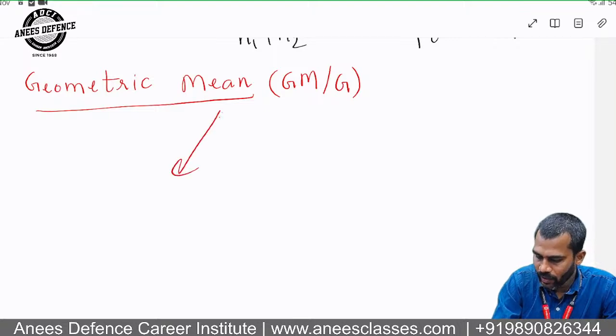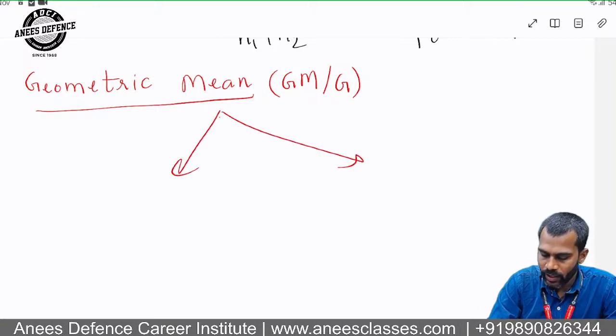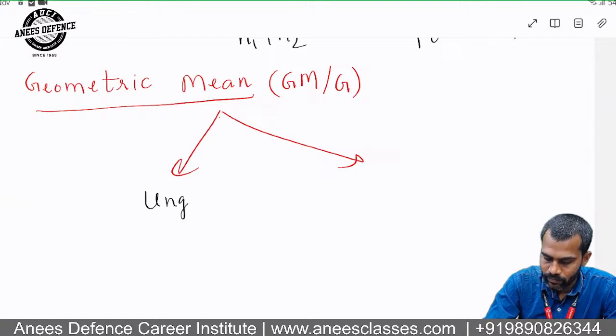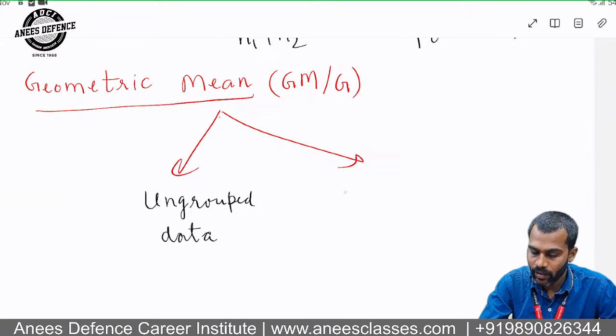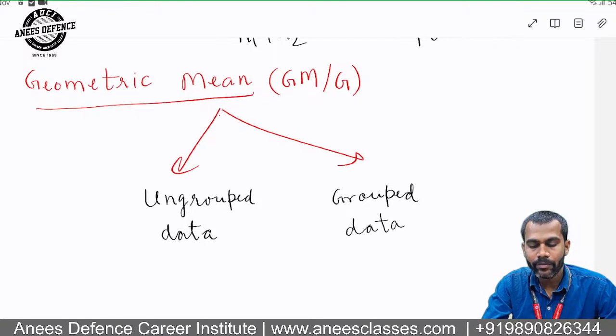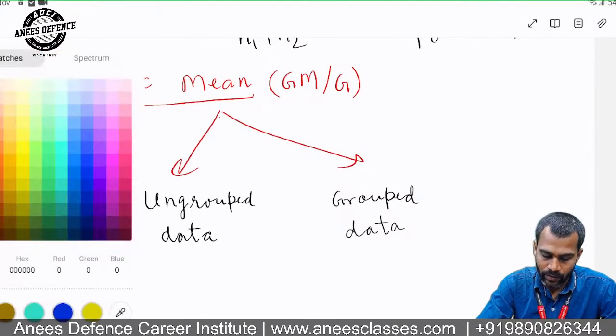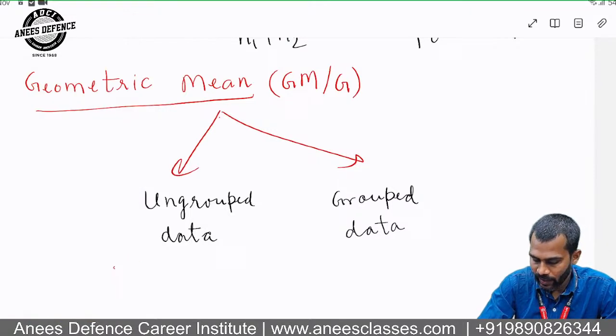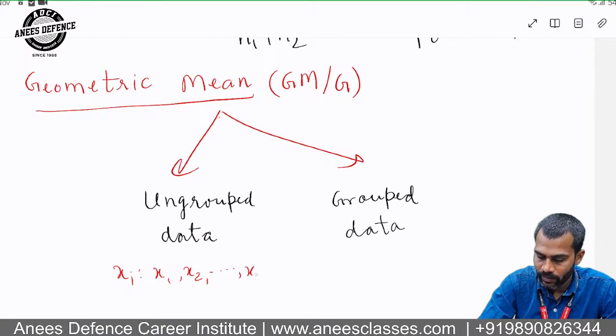So I can make a tree diagram here. Suppose data is ungrouped, or data is grouped. Ungrouped data would be something like this: xi, that is x1, x2 up to xn.